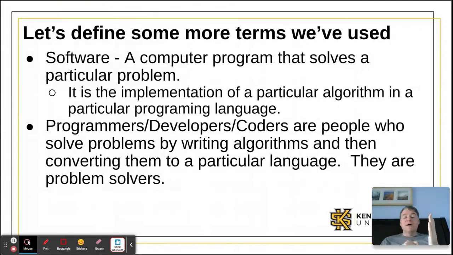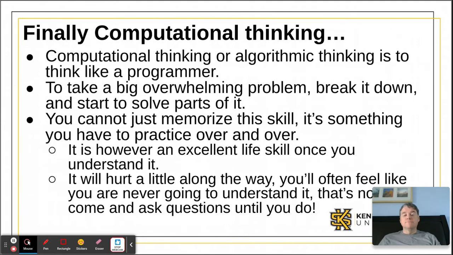And if you type in the right password, what happens? And if you type in the wrong password, what happens? All of that is software that somebody wrote, which is an algorithm that they came up with that explains what's going to happen. And then they wrote it in a language and they shipped it to you. So, software is a computer program which is an implementation of an algorithm in a particular programming language.